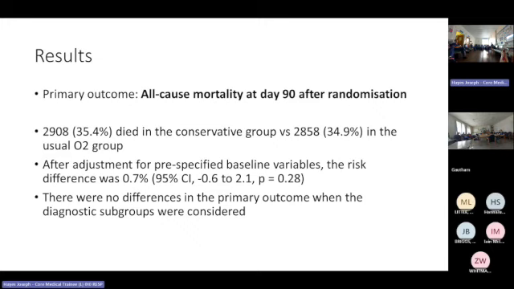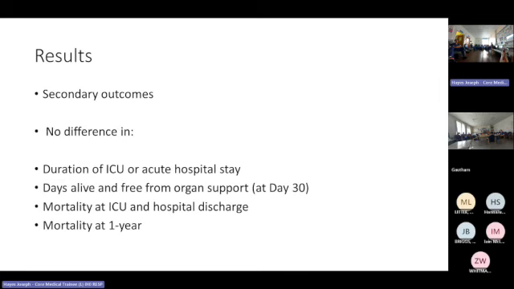There were no differences in the primary outcome when the diagnostic subgroups were considered either. In terms of secondary outcomes, there was no difference in duration of ICU or acute hospital stay, days alive and free from organ support at day 30, mortality at ICU and hospital discharge, or mortality at 1 year.